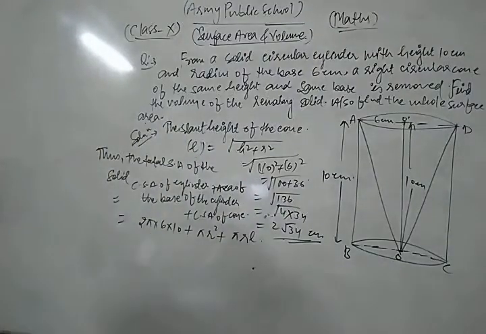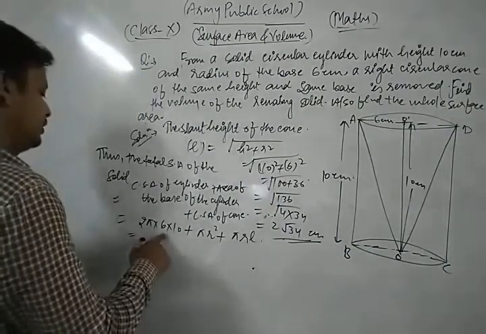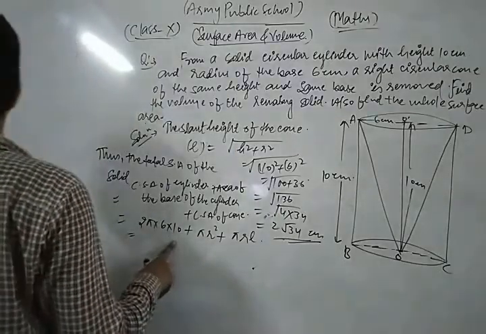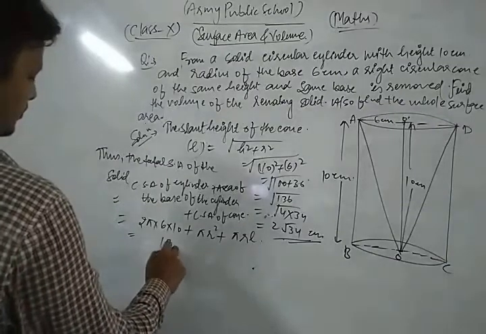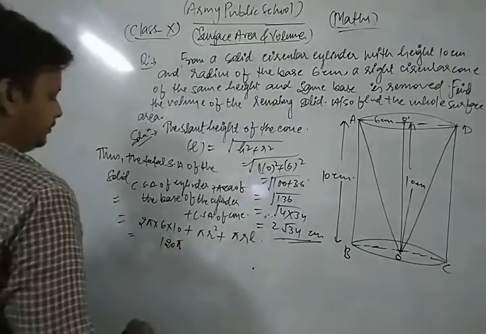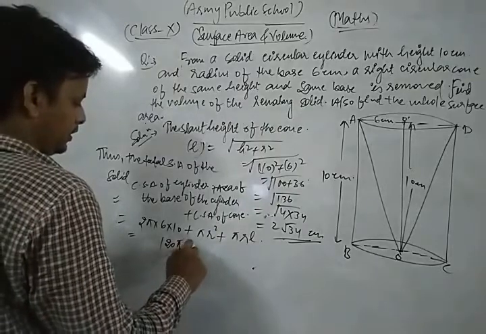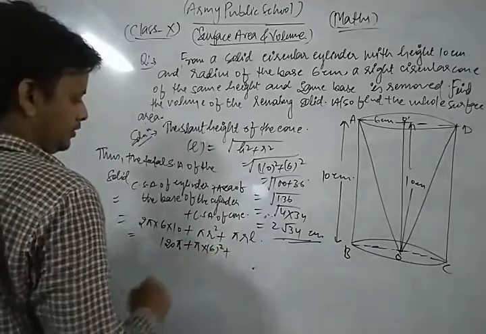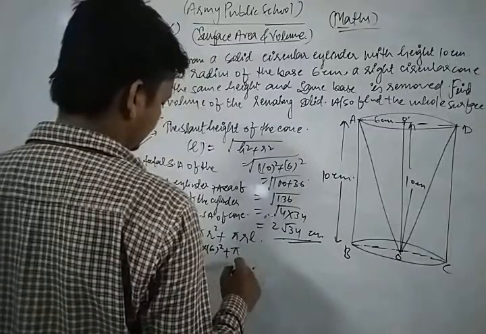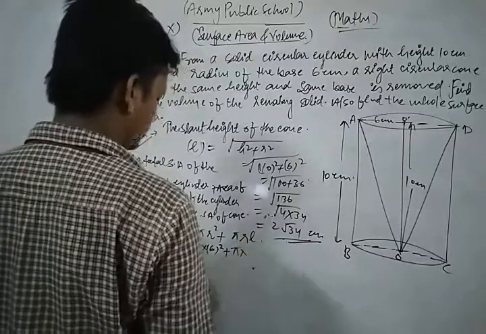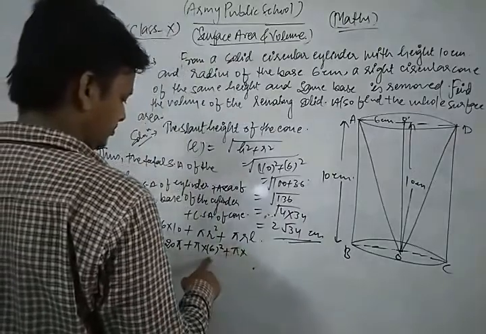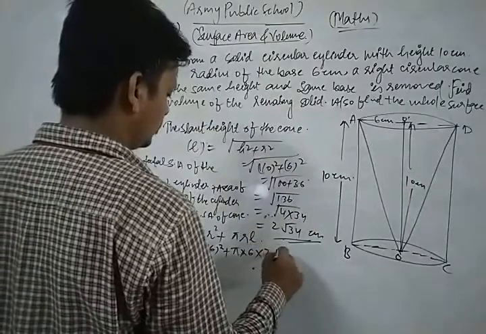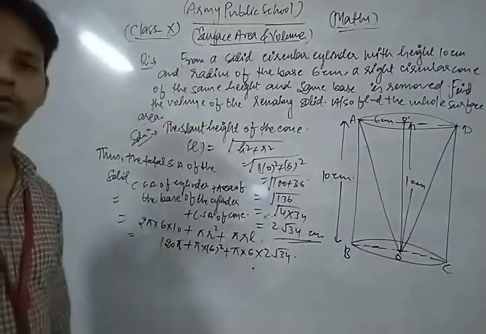Look, after solving them, 6 into 2 is 12, 12 into 10 is 120, so 120 pi, plus pi into r square, plus pi into r into L, where L is 2 under root 34.